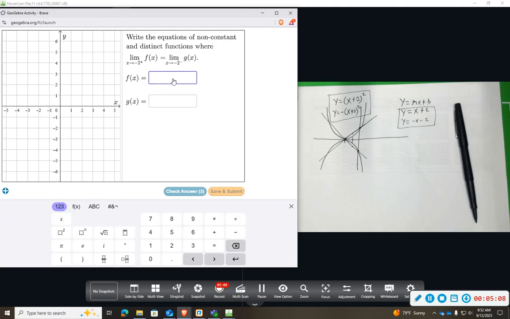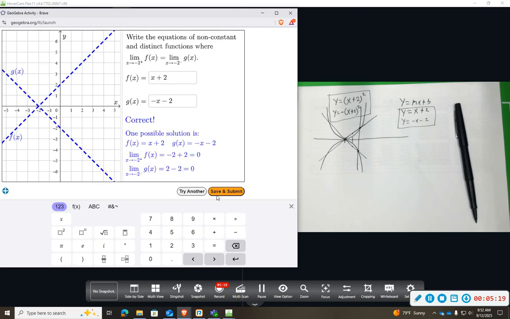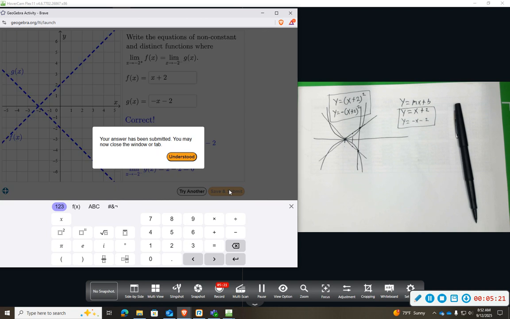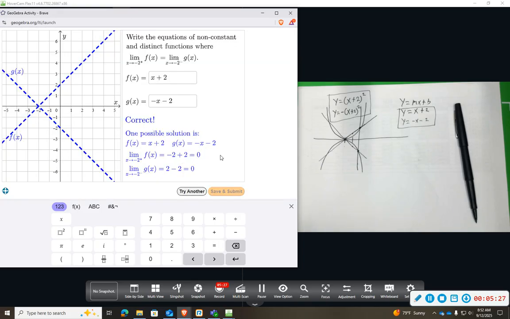Let's go ahead and put in x plus 2 and negative x minus 2. Okay. So usually they give you something different, but this one keeps giving me the same. So anyway, use what they give you, and then you just want to draw two equations so that they are not a horizontal line that just stays constant.